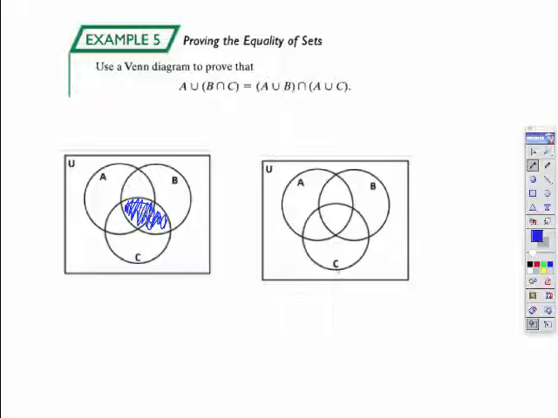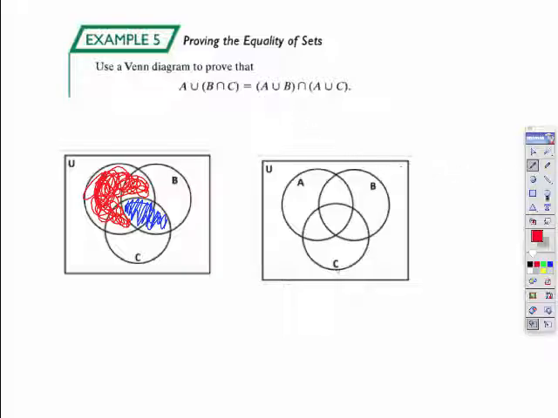Yes, I know that little portion in here is A intersect B intersect C, but all I'm doing is coloring B intersect C. This blue portion I've colored in is B intersect C. And then A union with that is all of A colored in. So that is what my Venn diagram colored in should look like over here.